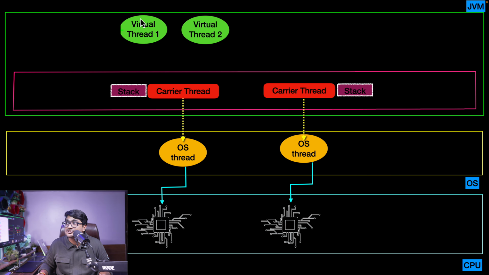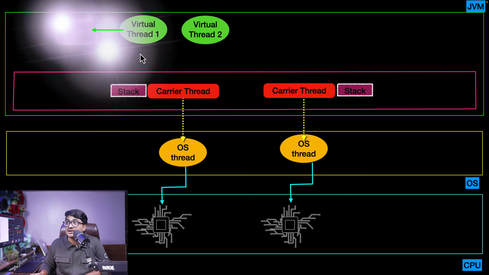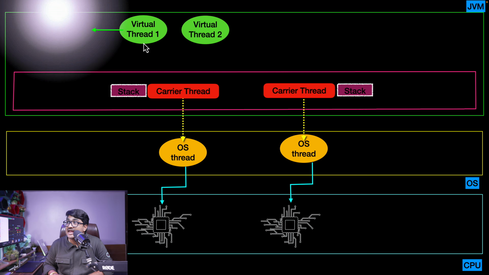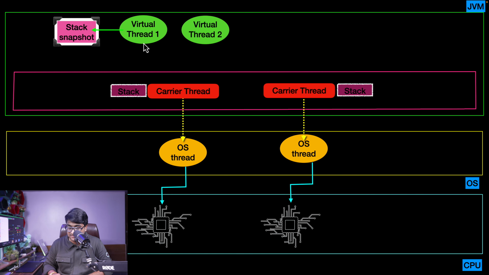Whenever the JVM is going to detach this virtual thread, it is actually going to take a snapshot of the stack. Okay, as I said, the JVM will take a snapshot of this stack memory which was available for this virtual thread and will make it associated with the virtual thread.